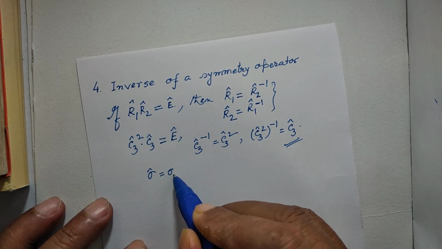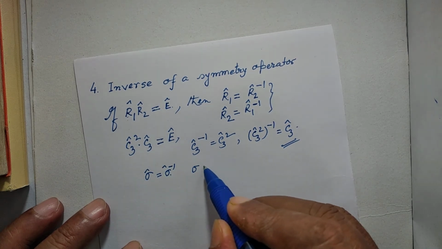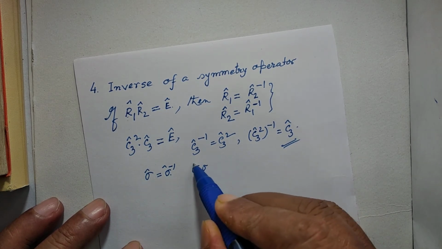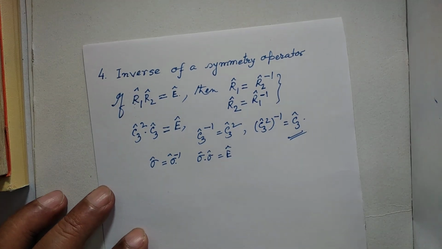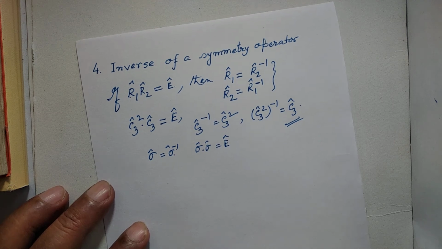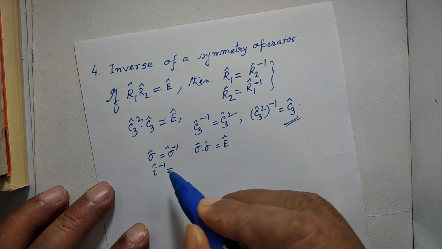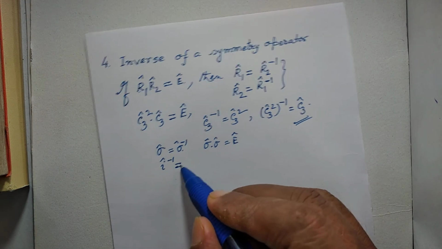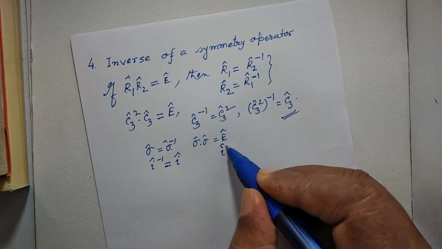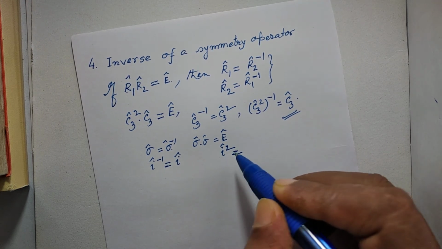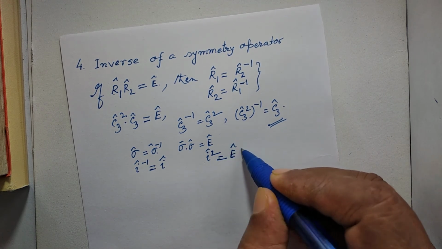This is its own inverse because two reflection operators on the same plane will give the identity operator. Similarly, the inverse of the inversion operator is also inversion, because the inversion operator carried out two times about the same center of symmetry will produce identity.